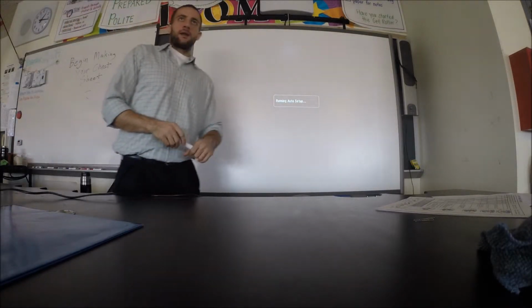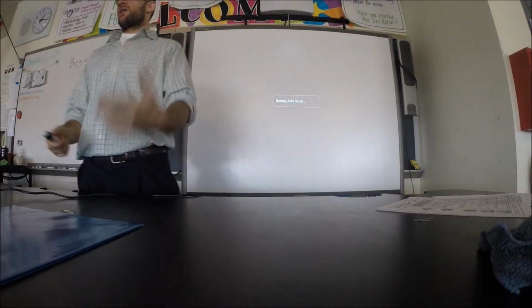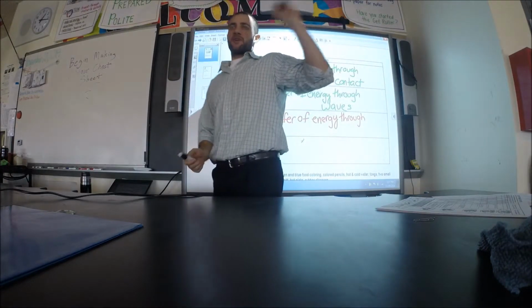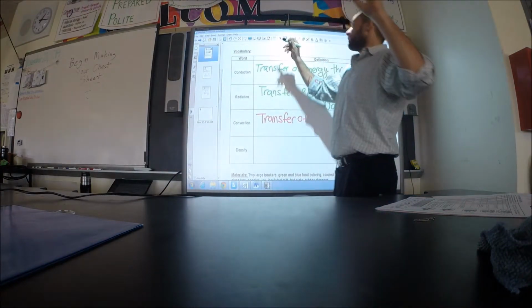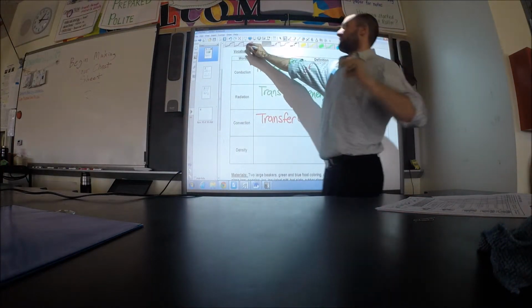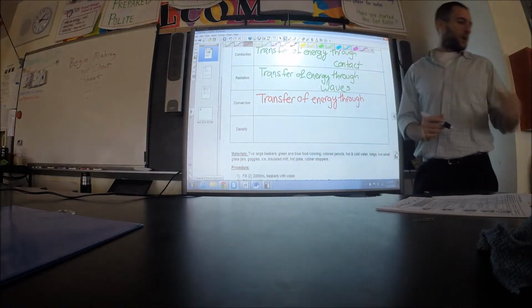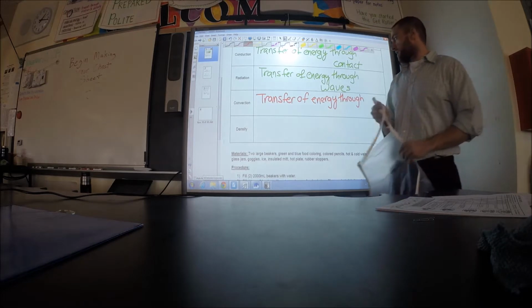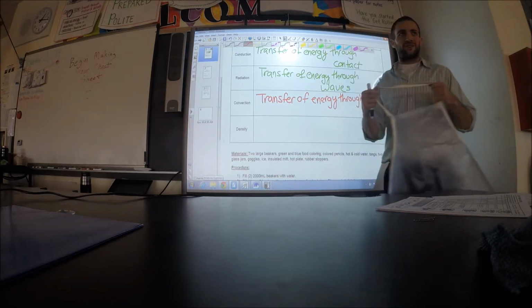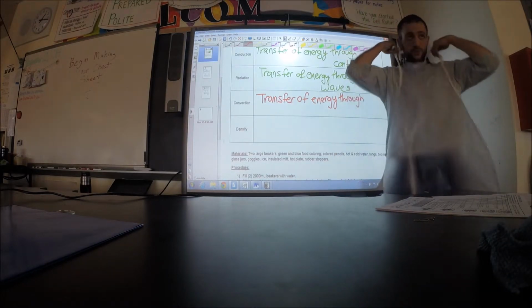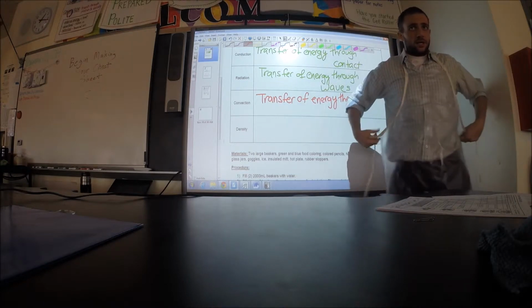So those two are great. However, in earth science, there's one type of energy transfer that reigns supreme, which is the process of convection. So can somebody remind me what the process of convection is as far as how it transfers its energy? Does anybody recall that from Tuesday by any chance?